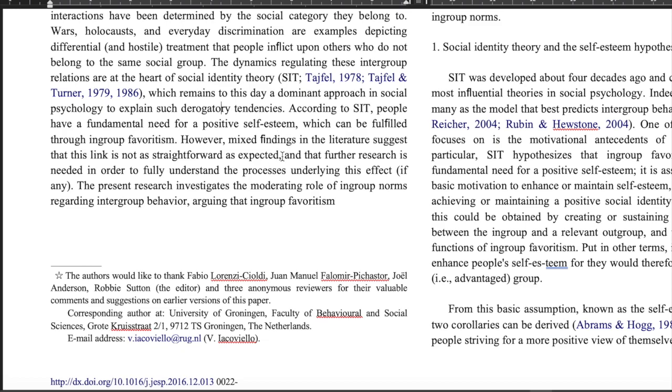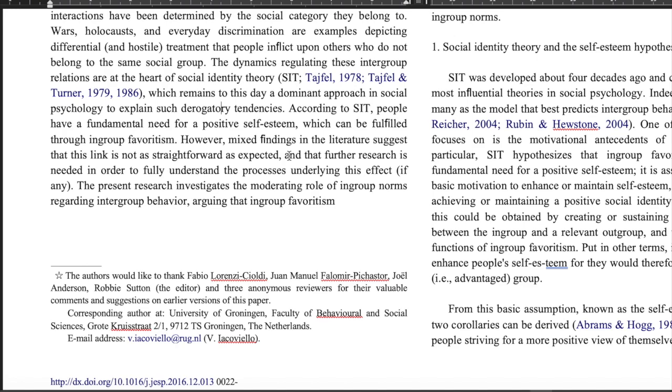So the author is saying that while the theory says that in-group favoritism leads to positive self-esteem, that is the basic hypothesis drawn from the theory, when different studies have tested this hypothesis, the results have been mixed.